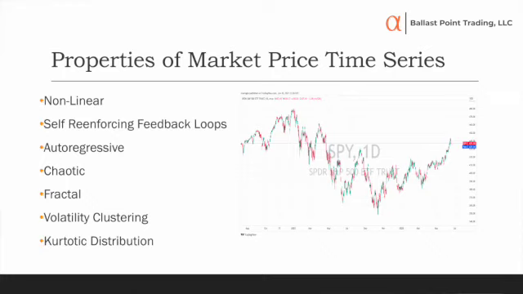A nonlinear data set, it's autoregressive, is going to have a kurtotic or fat tail distribution, meaning that outlier events are going to happen a lot more often than you would expect. And we're going to get into some of the math on that. Typically, from some of the work I've done, shorter time frames tend to be more kurtotic than longer term time frames, meaning things kind of normalize or smooth out on longer term data.